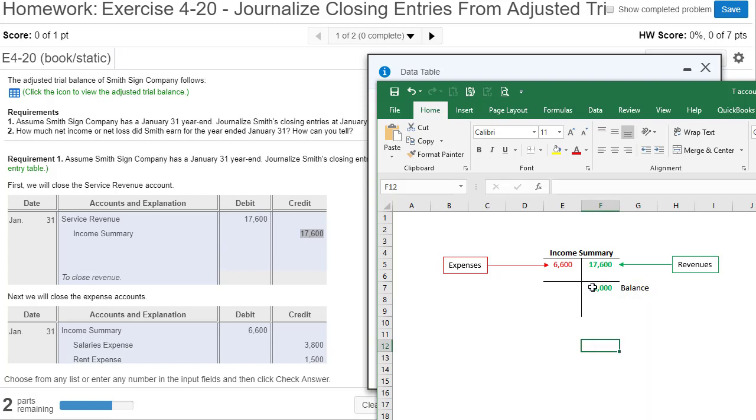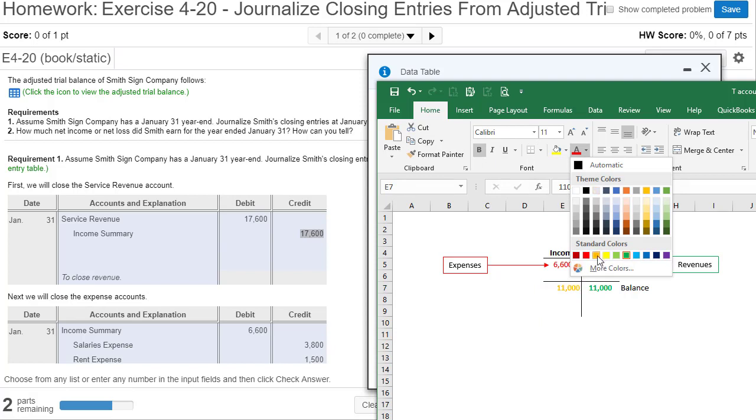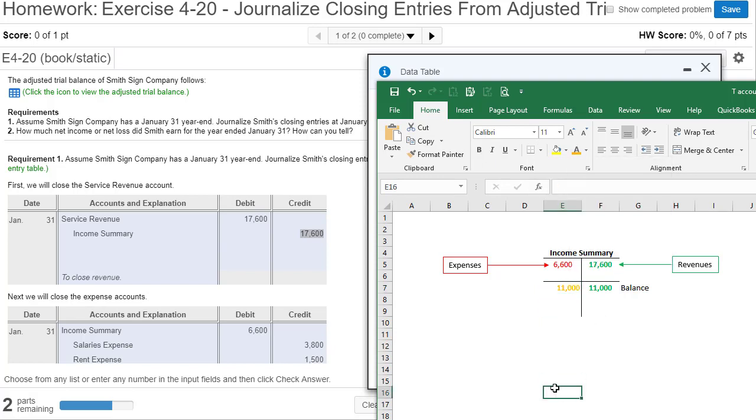So how do we close out an account that has a balance of 11,000? We're going to put 11,000 on the opposite side. And let's just pick a random color. So we are closing it.